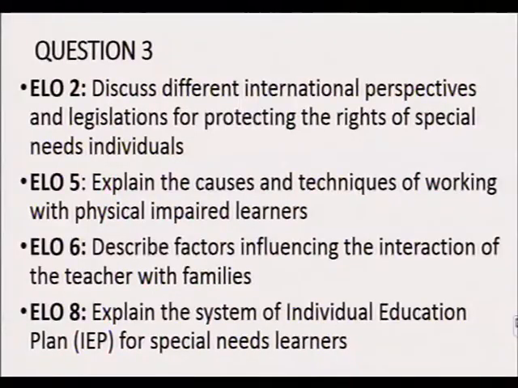And lastly, exit learning outcome 8, it's on the system of IEP, the individual education plan for learners with special education needs. Now within the IEP, you need to explain the stages that are there. You need to explain what the IEP is, and what the IEP is used for. How can parents get support through the IEP?